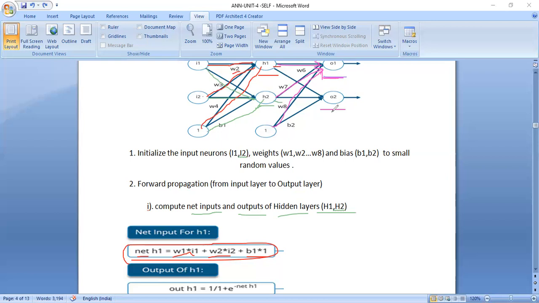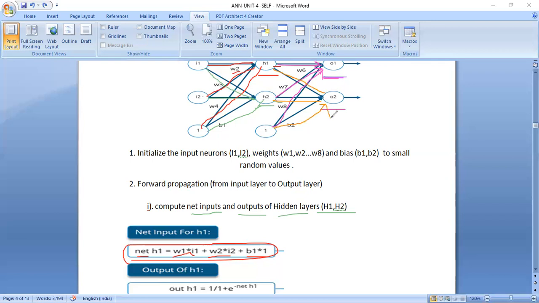Okay, so what is the net input of O2? Net input of O2 is output of H1 into W6, output of H2 into W8 plus B2 into 1.